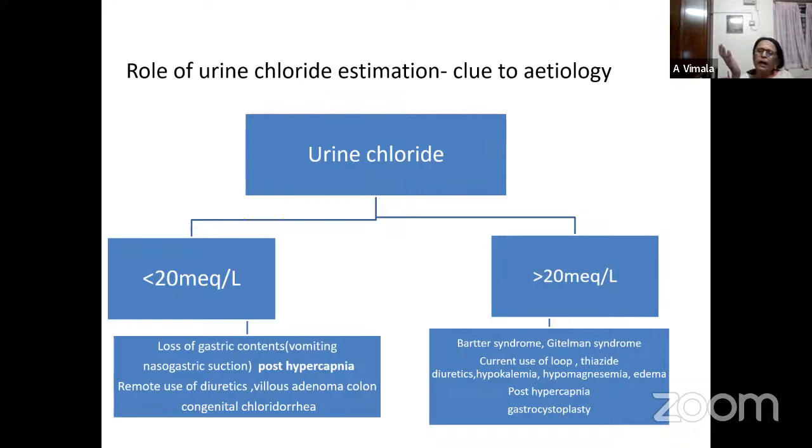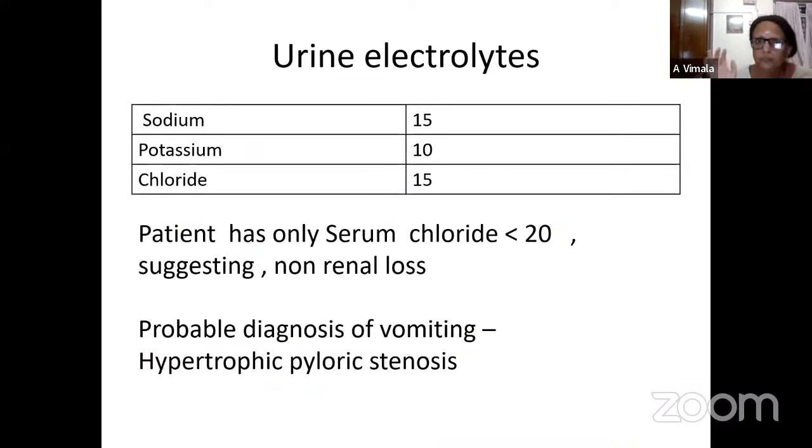Post-hypercapnia can produce a low chloride or increased chloride in the urine. So the next step when you confront a metabolic alkalosis is to look at the chloride. If the urine chloride is less than 20, think more towards the gastrointestinal tract. If it is more than 20, think more towards the kidney and hypercapnia.